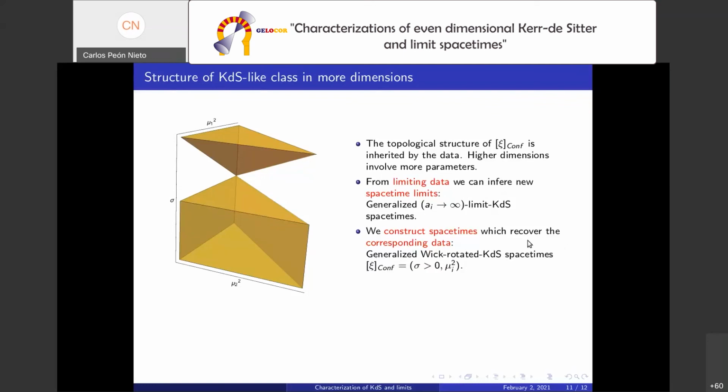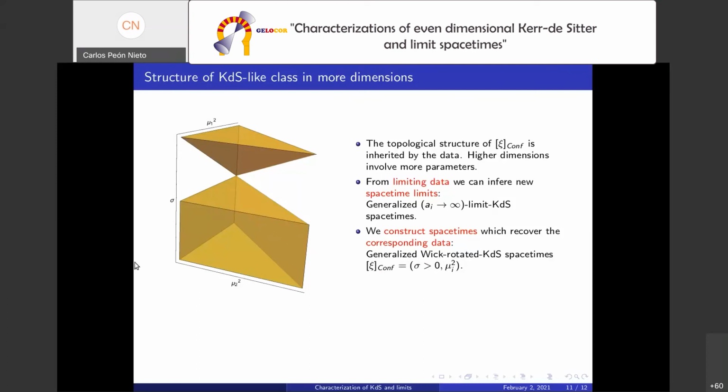And we were able also to construct all the spacetimes which recover all the data in the class. This took us to generalize the weakly rotating Kerr-de Sitter spacetimes, which are those that correspond to the conformal classes of vector fields in the regions of positive sigma.